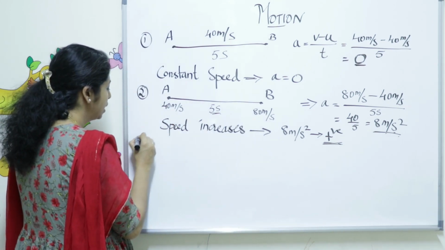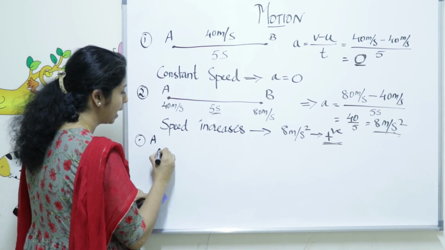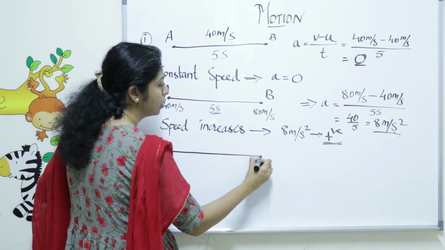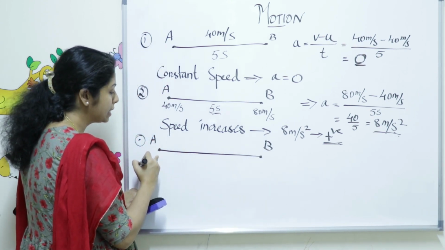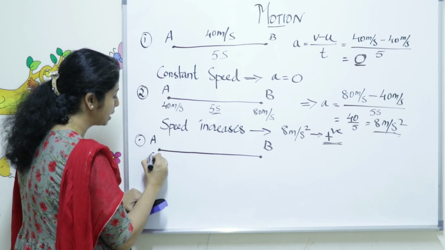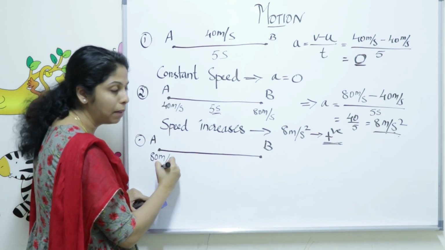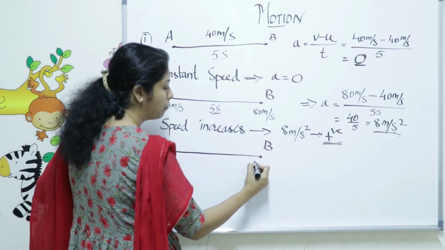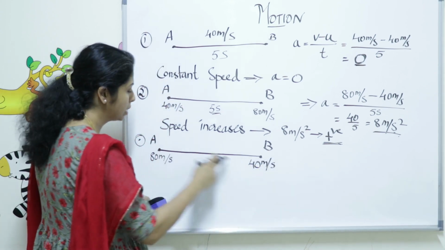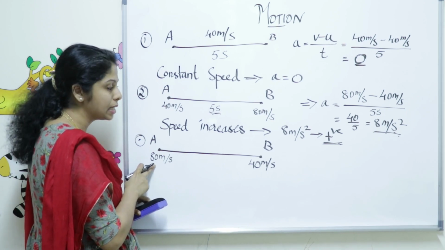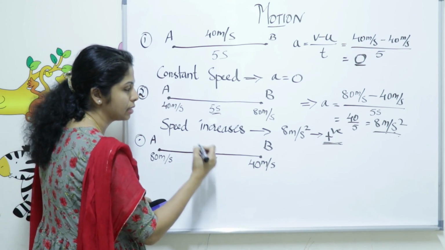Now, let us consider the third case where the object starts from a point A and travels to a point B, but initially the speed was 80 meter per second, and by the time it reached its destination the final velocity was 40 meter per second, in a time of 5 seconds.